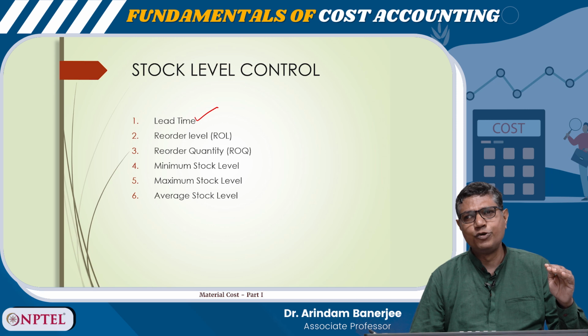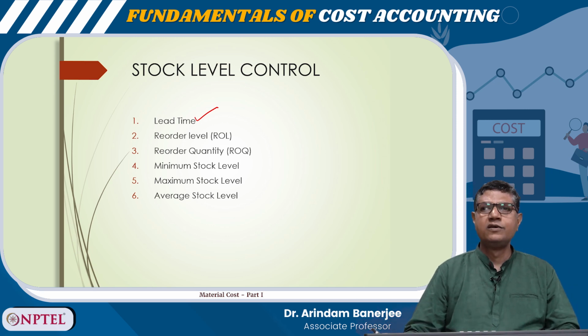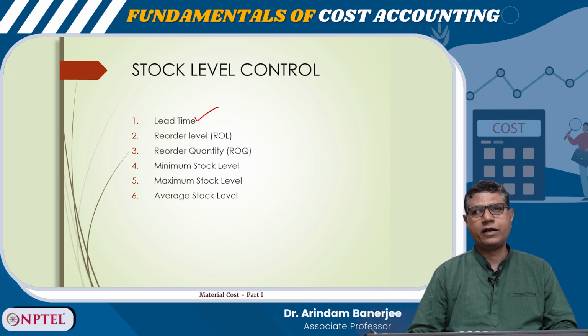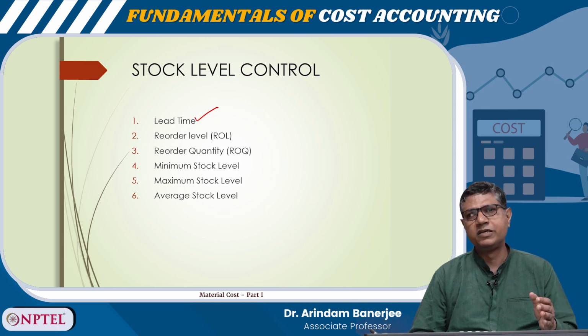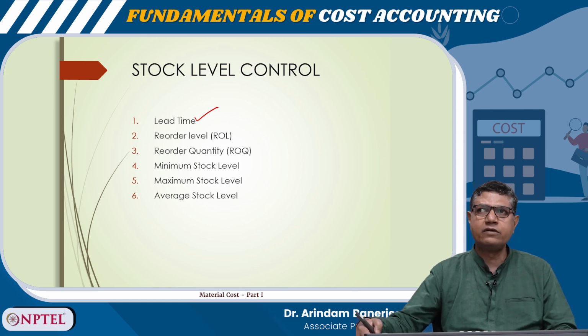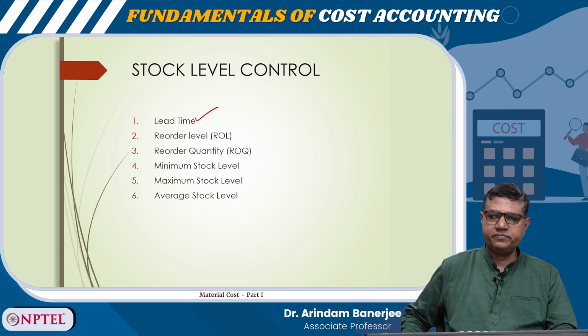Maximum stock level should also be decided. Why? Because we need to prevent excessive stock accumulation. So, the company has to decide what would be the maximum stock level it can maintain. Average stock level: maximum plus minimum by 2 is the average. On average, how much stock the company should maintain for each inventory. So, that we need to see.